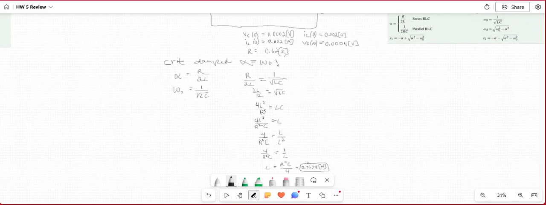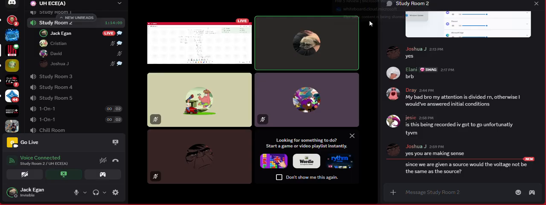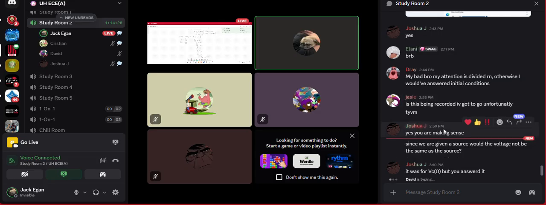Let me see if there's a question so far. Since we were given a source, would the voltage not be the same as the source? What voltage? At what time? Or did I already answer it? Okay, good.